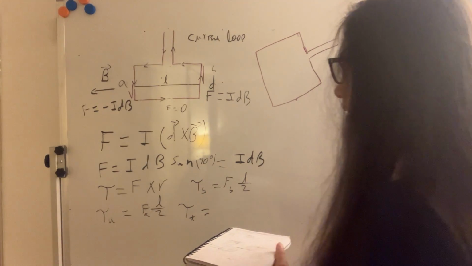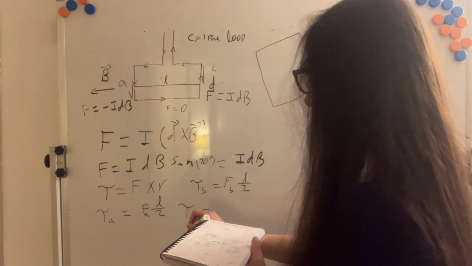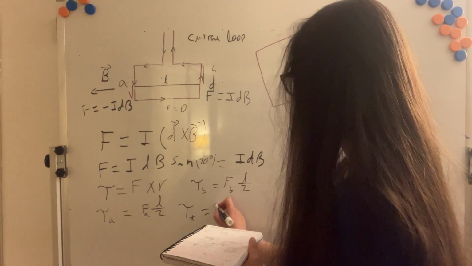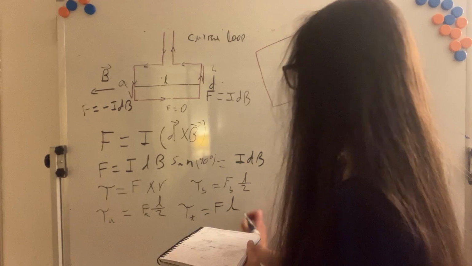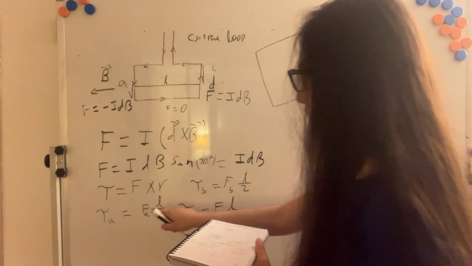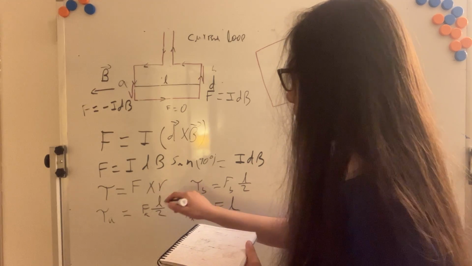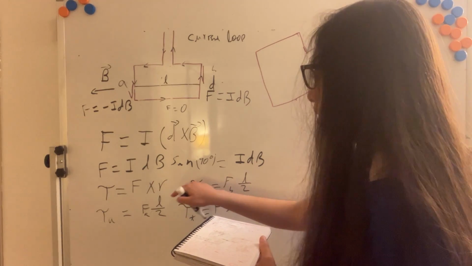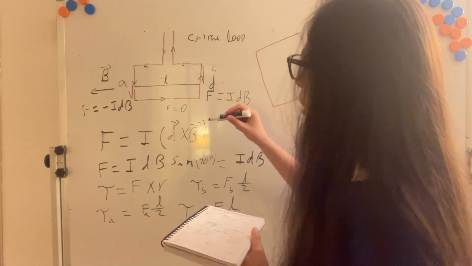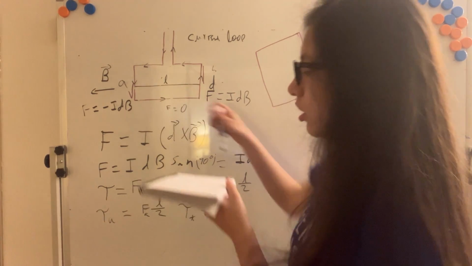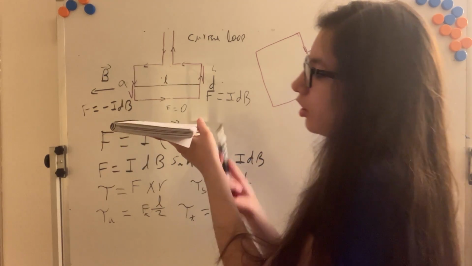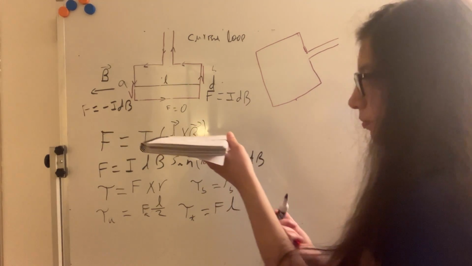Both F's are equal, so the total torque is equal to F L, and this is because the sine in the cross product is 1. Because we're at 90-degree angles, this distance is perpendicular to the downward force here and the upward force here.